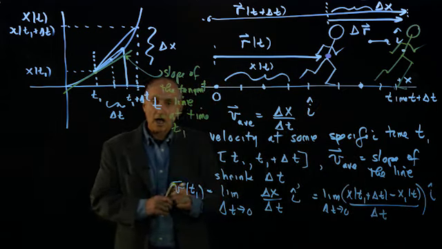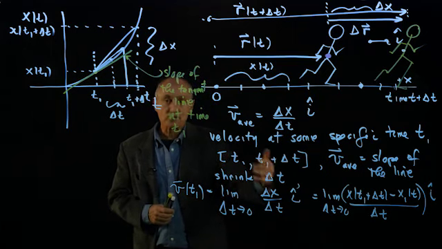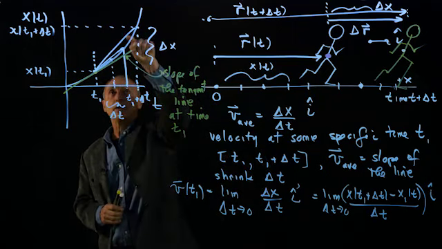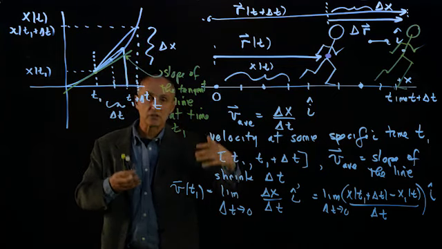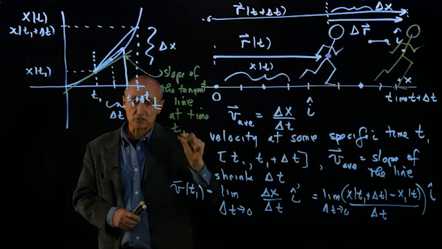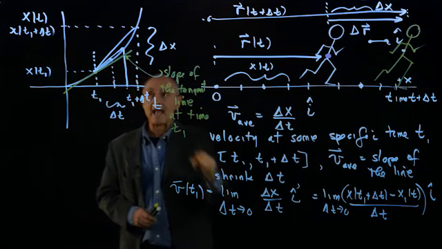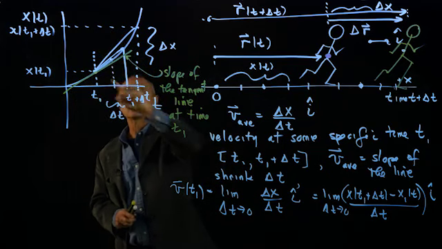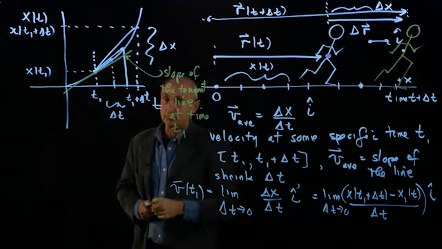A limit is a sequence of numbers. So we take a fixed delta t, we calculate the slope. We take a smaller delta t, calculate the slope. And each time we do that, the slopes represent a sequence of numbers. And the limit of that sequence, you can see graphically, is the slope of the tangent line at time t1.